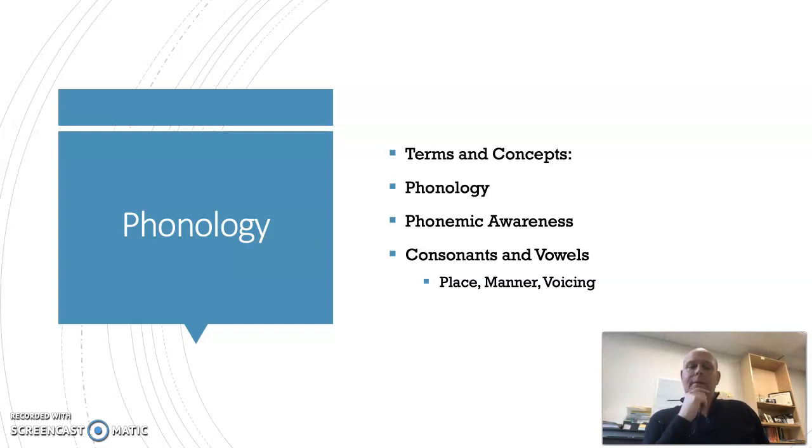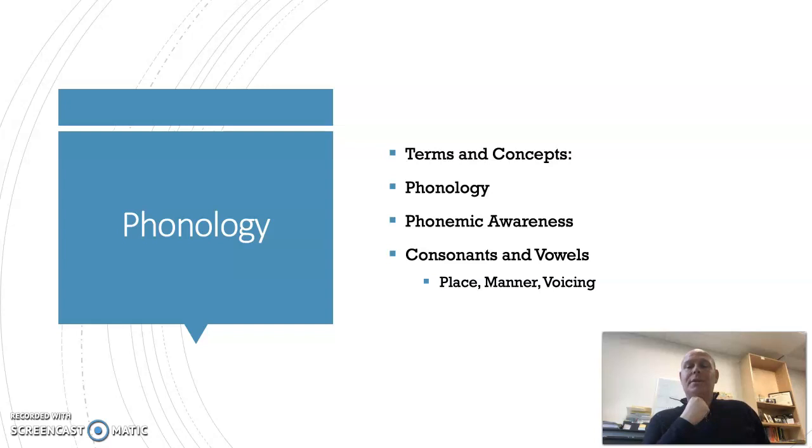Okay. The other major concept and organizing structure of phonology is consonants and vowels. A couple of things are really important. Three things are really important about consonants and determine the sound of consonants, and they all have to do with articulation and voicing.